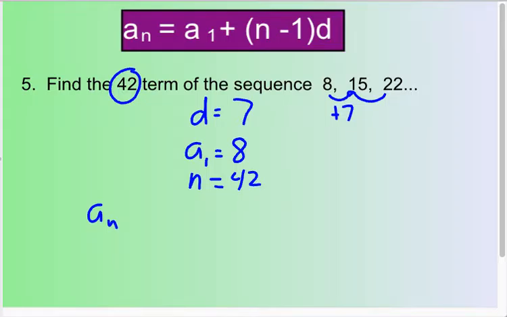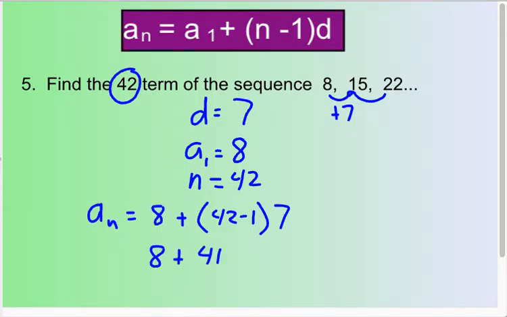So a sub n, or you could say a sub 42 if you want to, because n is equal to 42. 8 plus n minus 1, so 42 minus 1 times our common difference of 7. 8 plus 41 times 7. So a sub n, our 42nd term, if you work it out, you should get 295. There you go.